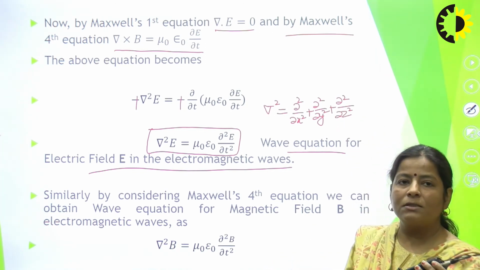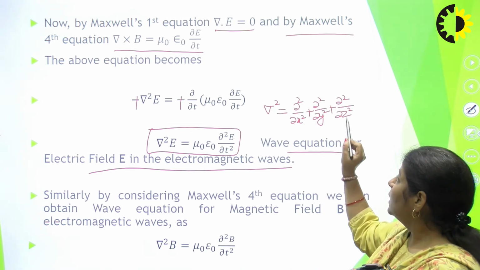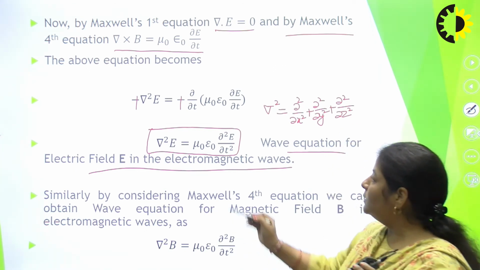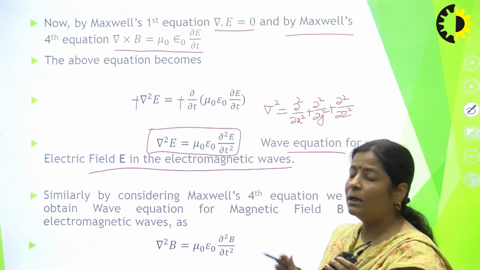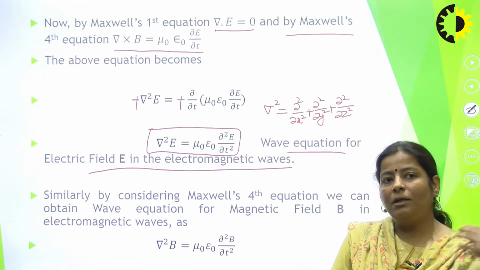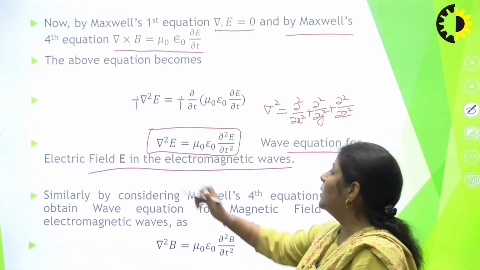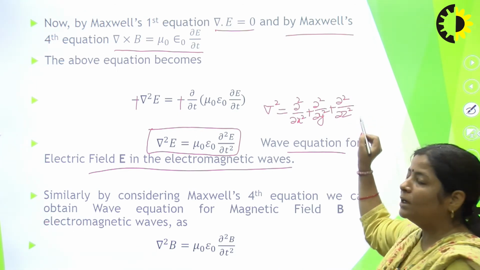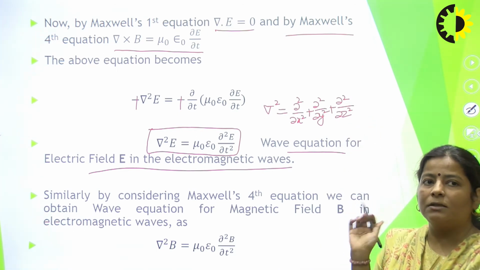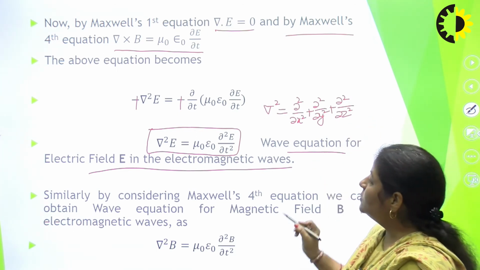So this is the operator del squared. And this you already know, del squared by del t squared is a time derivative. Similarly, del squared is the position derivative like this. So this is also clear now.